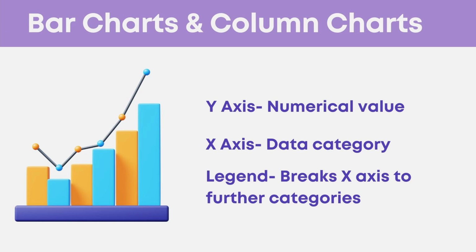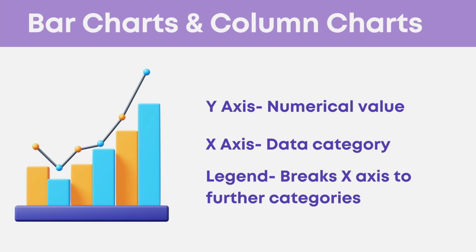Similarly, in bar charts, y-axis is where we have our numerical value. For the x-axis, we have to use the category we want the data to be displayed by. And the legend breaks x-axis into further categories.